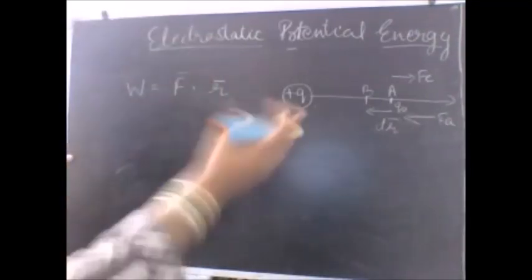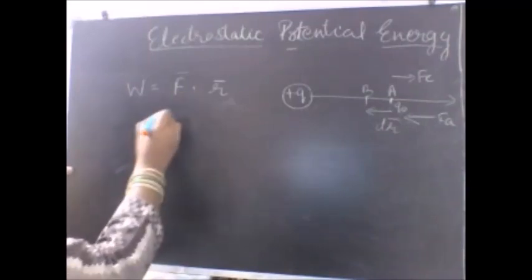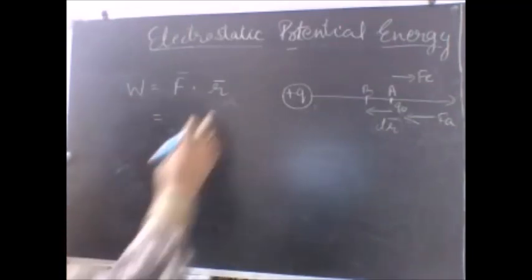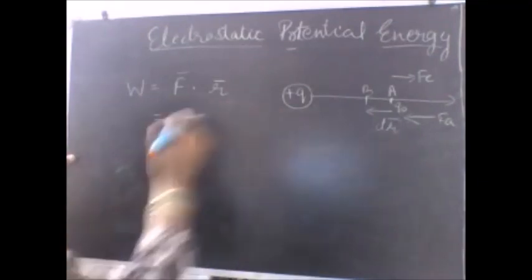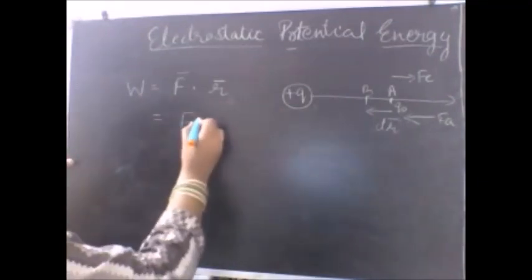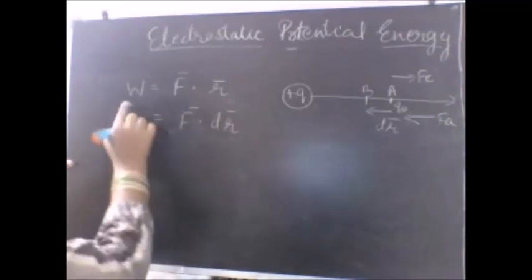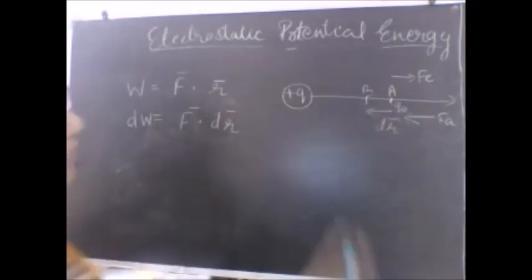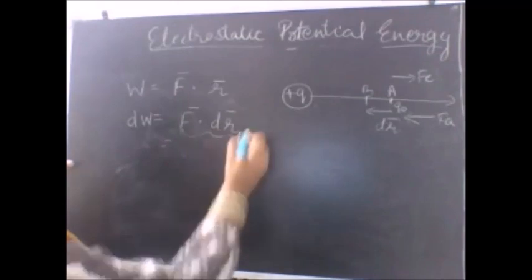So let us put in all the values. First, let us resolve this dot here. Since the displacement dr we are taking is a very small displacement, the formula can be modified as F dot dr, and this work will be the small work done in moving the particle from A to B. So when we resolve the dot here, what is the value of angle theta?